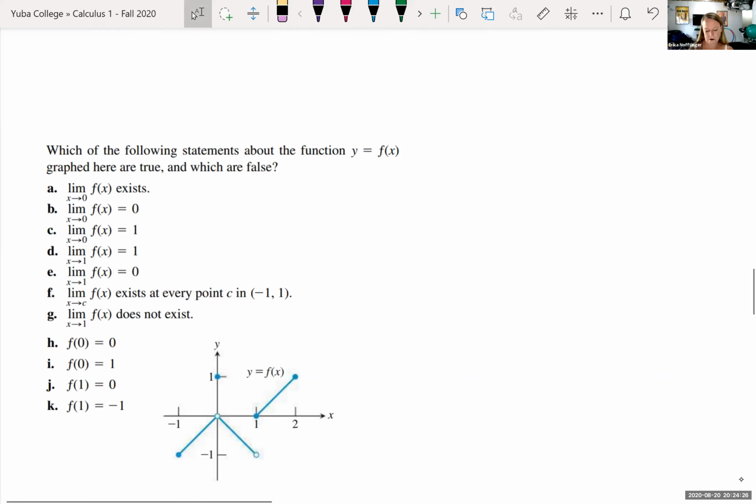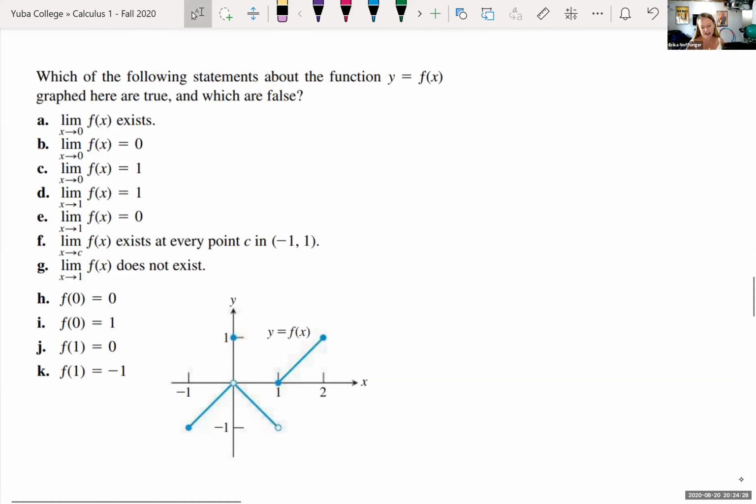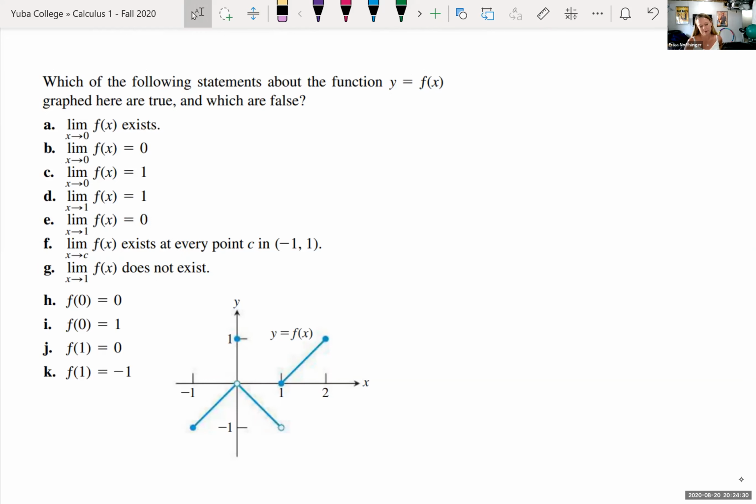Okay. So let's look at the following and see which statement we think is true and which statement we think is false by looking at the graph. So this could maybe be a fun one to do with you guys piping in on part A. So first part A, it says the limit as x approaches 0 of f of x exists.